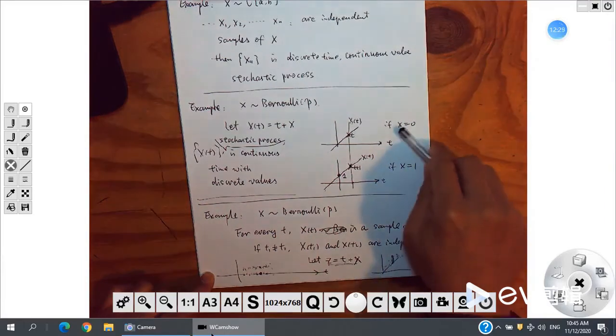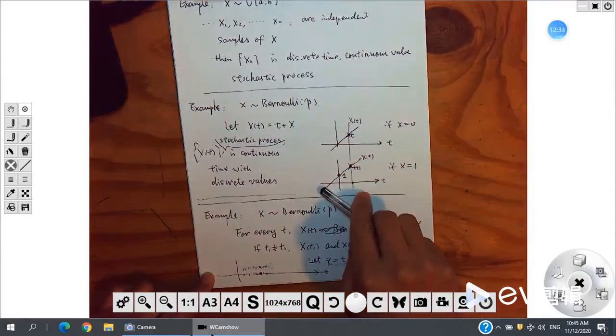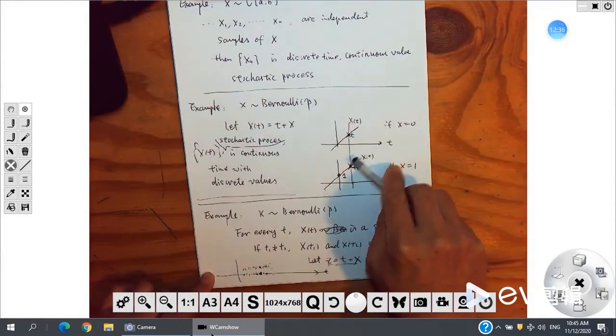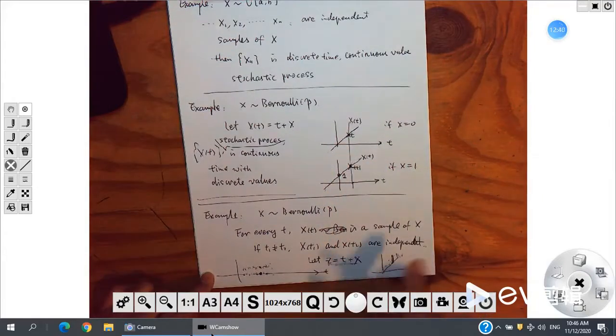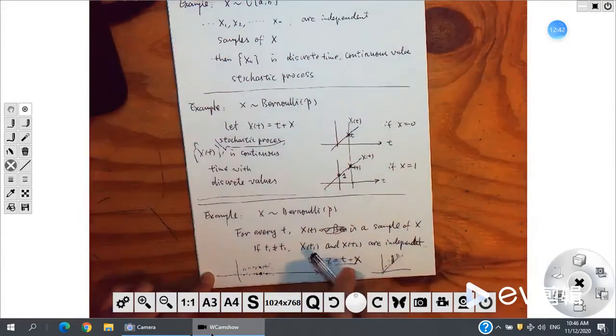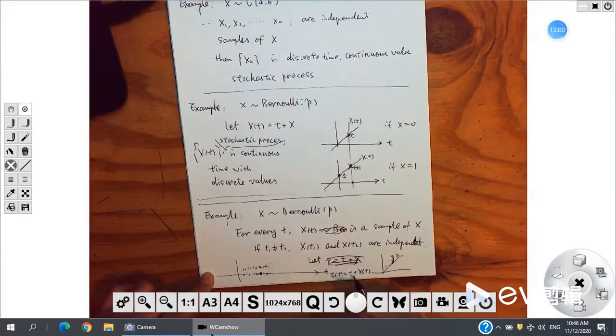If x is 0, it is a straight line. If x is 1, it is also a straight line, but another straight line. Two lines. And here every xt is random, and z is t plus x. So every t you have a zt, where zt equals t plus xt.